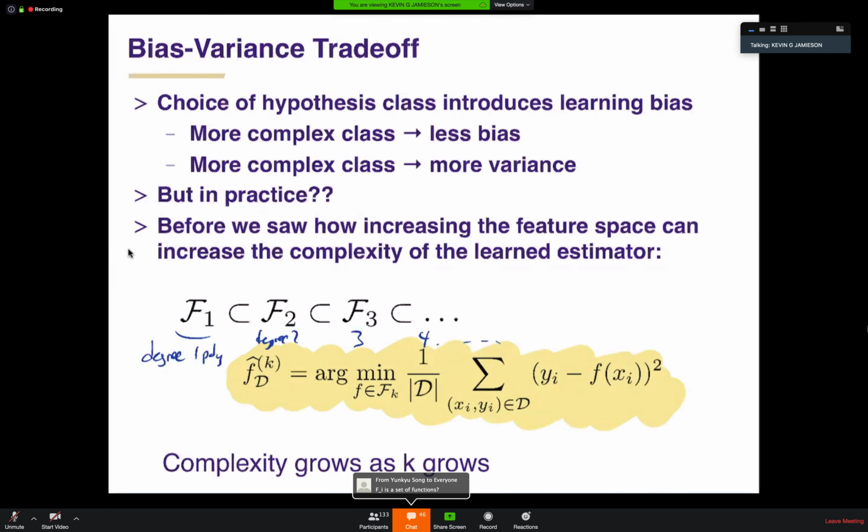So I'm going to have the best degree 1 polynomial, the best degree 2 polynomial, the best degree 3 polynomial, etc. This is how I'm going to think of it. This is my mathematical model for thinking about bias, variance, and overfitting. And so what we're saying is complexity is going to increase as k grows, because we're assuming that each F_k is enclosed in F_{k+1}, meaning all degree k polynomials are in all degree k plus 1 polynomials.